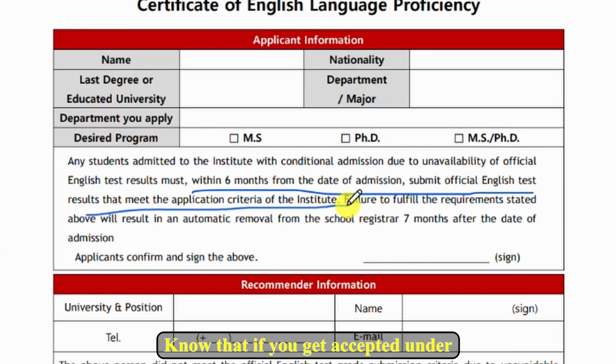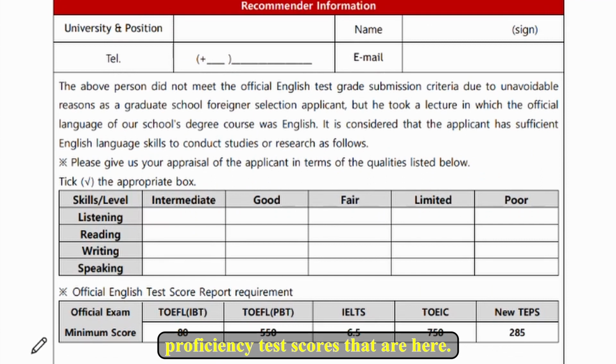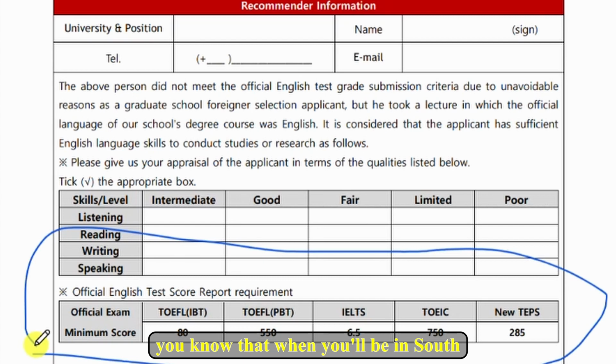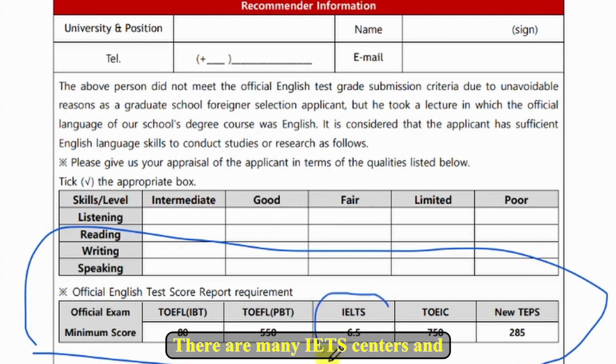Know that if you get accepted under this conditional offer, you must make sure you provide one of the English proficiency test scores that are here. It's very important that you know that when you'll be in South Korea, within the first 6 months, you must make sure you write either IELTS or TOEFL. There are many IELTS centers and many TOEFL centers in South Korea. I've written IELTS a couple of times, so I know what I'm talking about.